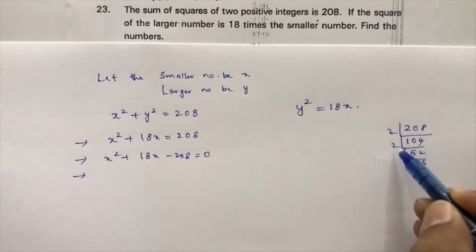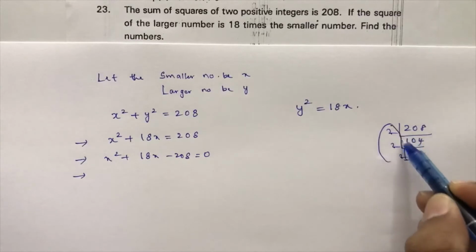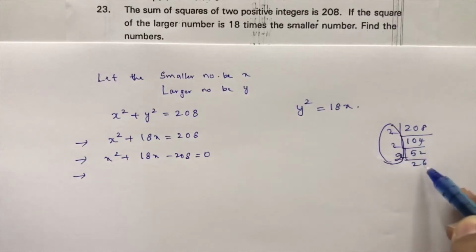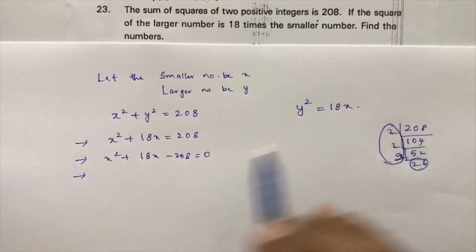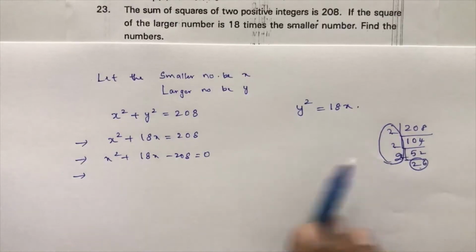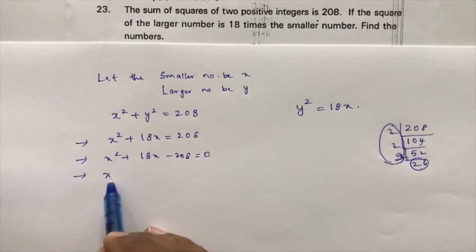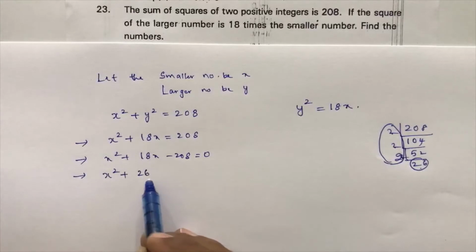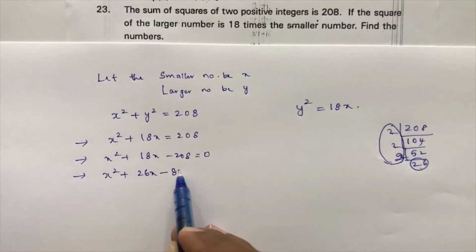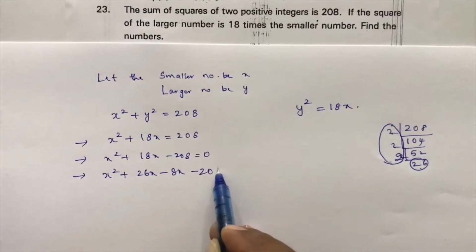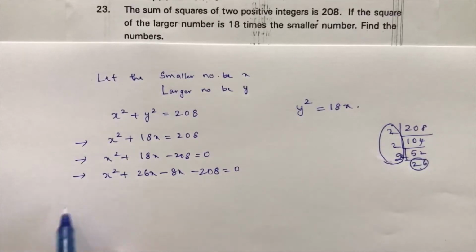This is 2 into 2 into 2, which is 8, and 26. With 8 and 26, you get 18 by 26 minus 8. So I'll write x square plus 26x minus 8x minus 208 equals 0.